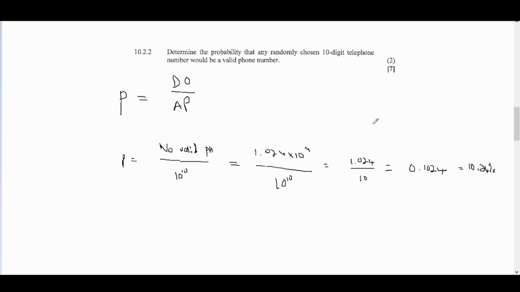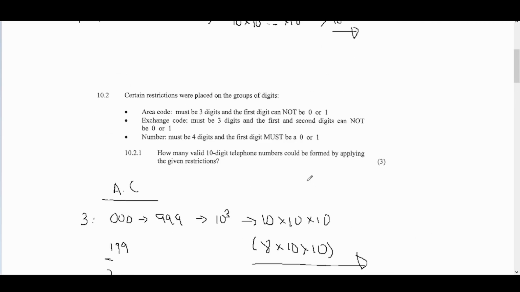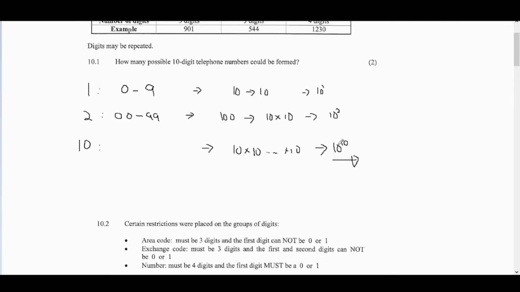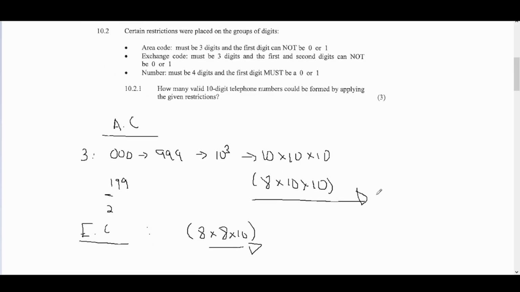So the probability of calling a valid phone number is only about 10%, which is extremely small. Which makes a lot of sense actually, because this number is just so big. So once you start making the restrictions, there's just a lot of numbers that you won't hit.